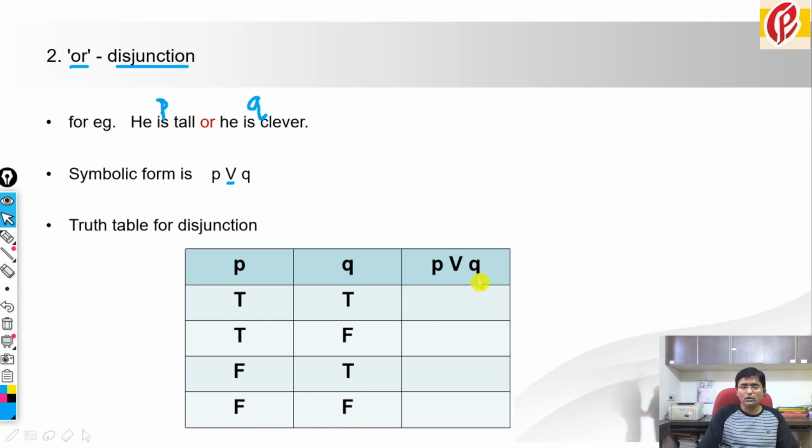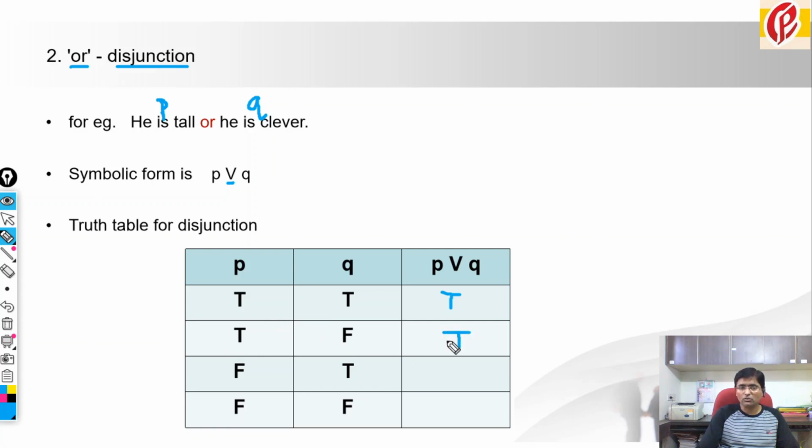Now we'll find the truth values for the disjunction. See here. If both are true in disjunction, means or, this is true and this is true, then the whole statement is true. Second, if one of them is true, suppose first is true and another is false, but disjunction is there, if one is true, then it is true.